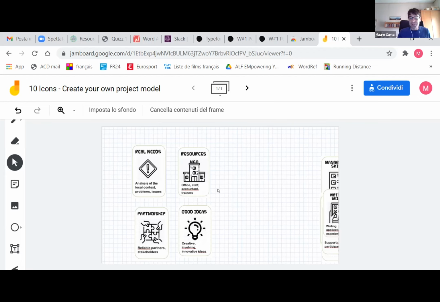Another important element is the partnership. I say that it is important at the beginning because sometimes an organization can start writing a project alone, and contact the partners only when the project is approved and there is a need to receive volunteers or participants.